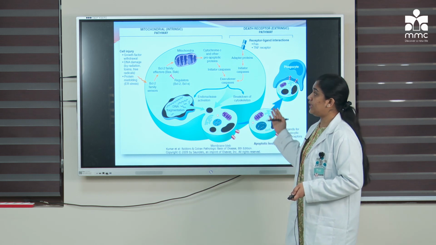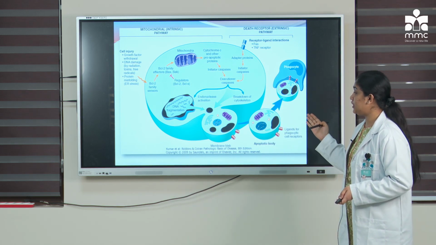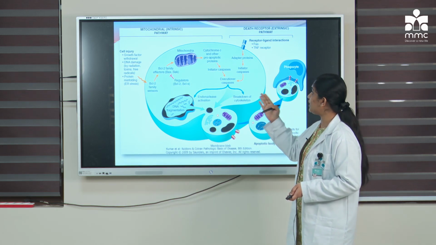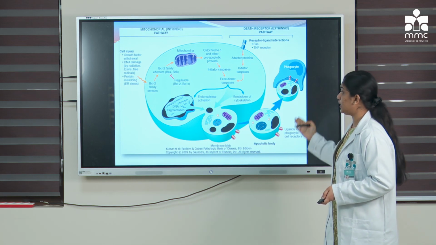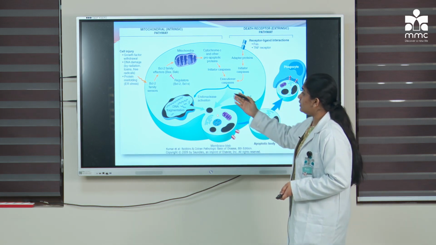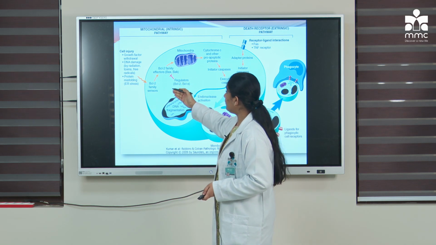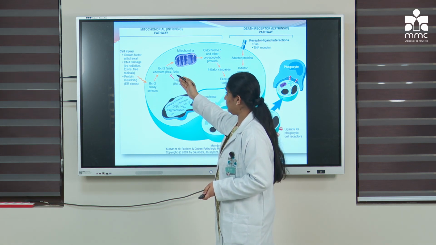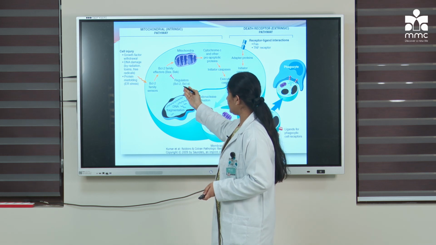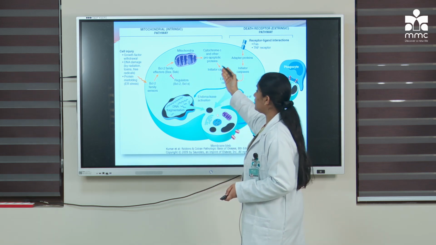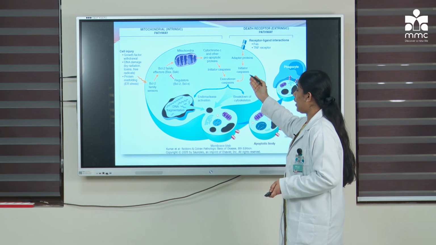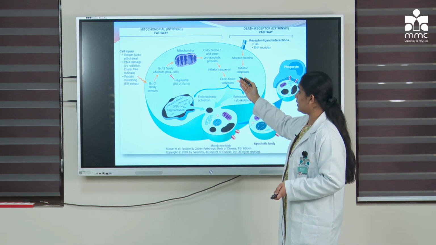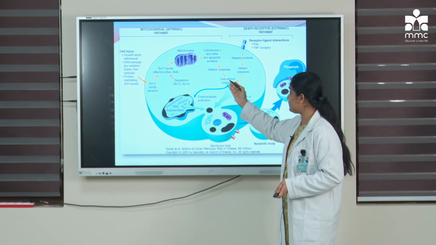So, this is what we have discussed. It is a pictorial representation of the mitochondrial and the death receptor pathway. Cell injury can result in BCL2 family sensors activating the BCL2 family effectors, mitochondrial activation, and release of cytochrome C, a pro-apoptotic protein, which will initiate the initiator caspase.